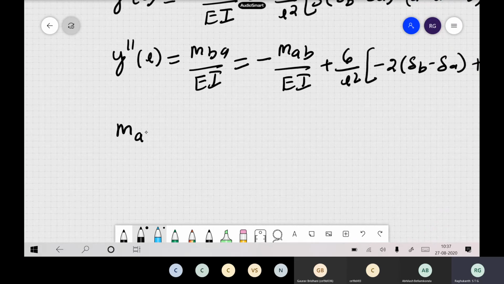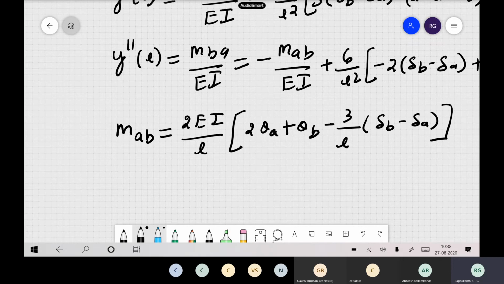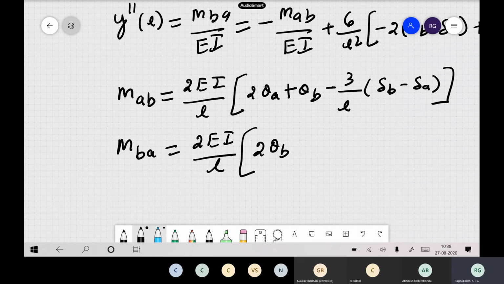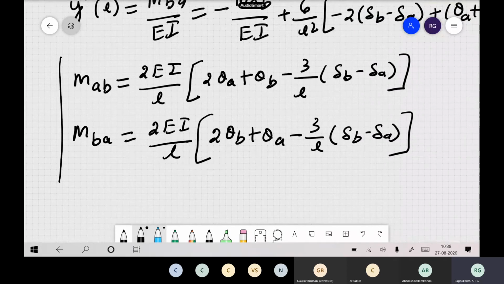You can write MAB as 2EI by L, 2 times theta A plus theta B minus 3 by L delta B minus delta A. This is your MAB, and similarly MBA also becomes 2EI by L, 2 times theta B plus theta A minus 3 by L delta B minus delta A. So these are our slope deflection equations, which you already know from your UG.